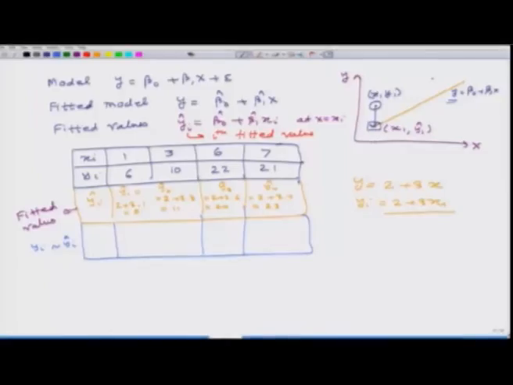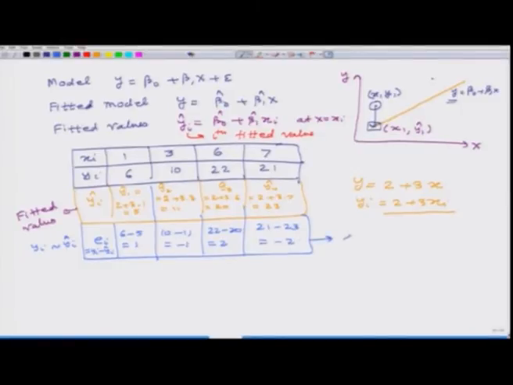I denote it by ei and define it as yi minus yi hat. So this becomes 6 minus 5 which is 1, 10 minus 11 which is minus 1, 22 minus 20 which is 2, and 21 minus 23 which is minus 2.